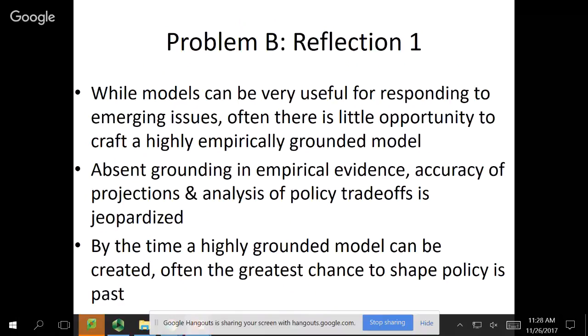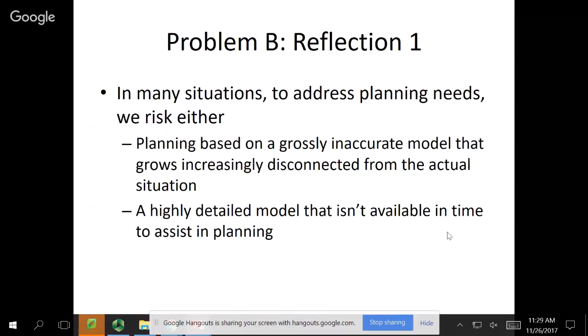And yet, absent grounding in some sort of empirical evidence, the accuracy of projections and policy trade-offs, the trade-offs for immunizing this group, pregnant women versus healthcare workers versus children in schools, the impact of closing schools versus mass immunization campaign or outbreak response immunization, etc. It's not clear if we don't have good evidence. But at the same time, by the time a highly precise model can be put together of the sort that, for example, Wade, you've looked at with chickenpox, often the greatest chance to shape policy in response to an outbreak has been lost.